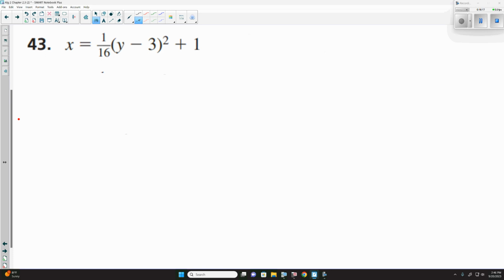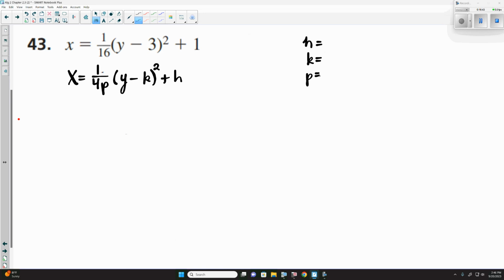Now this one is x equals, so we'll have x equals 1 over 4p times y minus k squared plus h. We still need to find the values of h, k, and p.